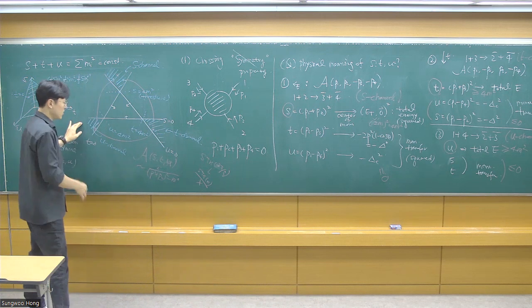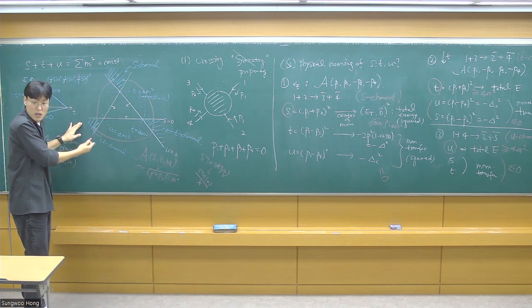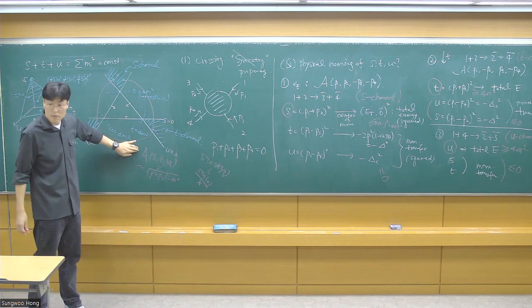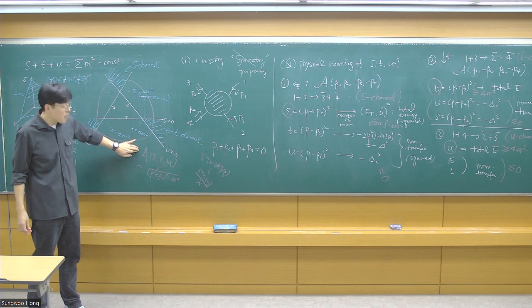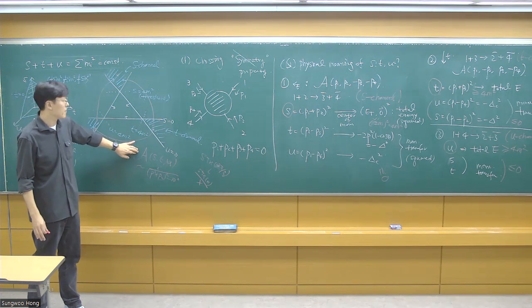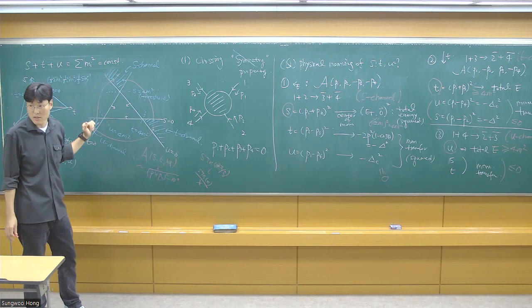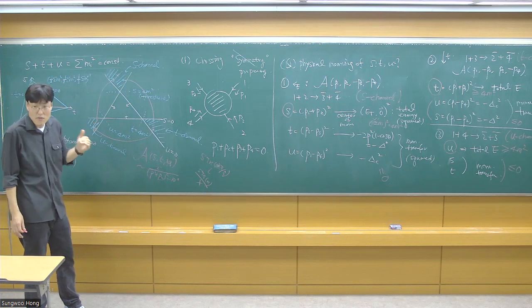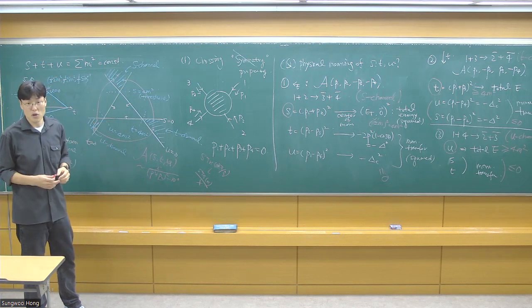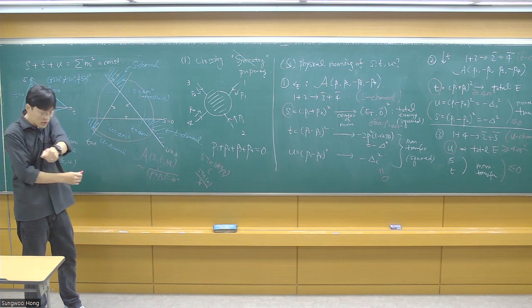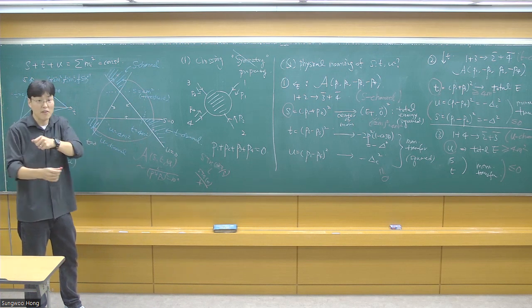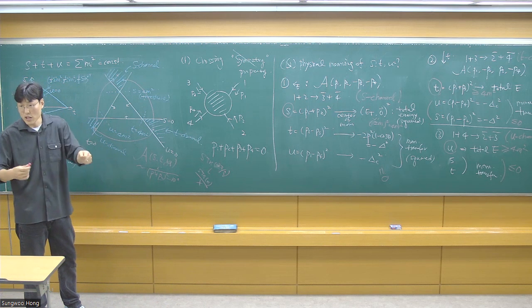And then you can zoom in here to describe U-channel processes. So a single function manages to capture or describe 3 distinct physical processes. Okay? So this feature is known as the crossing property. You just cross, meaning you just go from one channel to the other by analytic continuation.